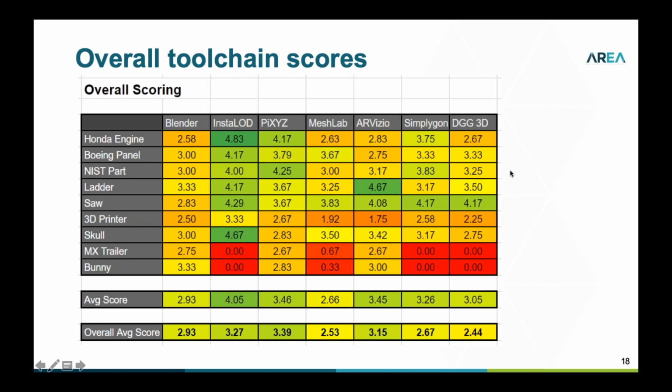And then just one last thing I'll say here. There are two tallied scores at the bottom. You have an average score and an overall average score. The difference here is that the average score only averages those fields which have a result. So for example, with Instalod, the MX trailer and bunny assets are point clouds, which is actually incompatible with the tool.